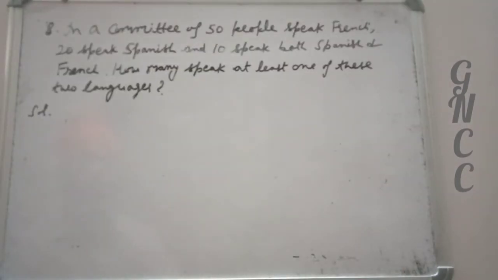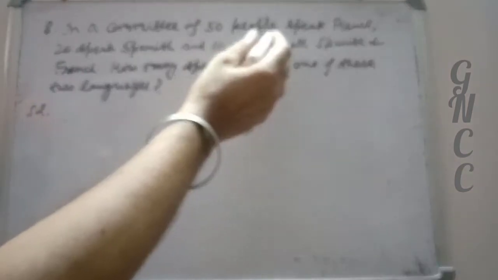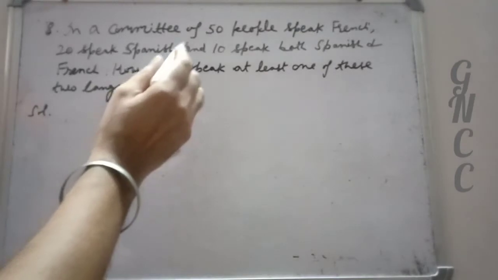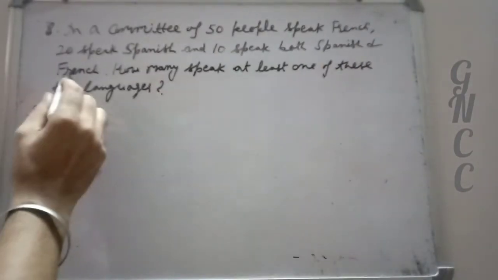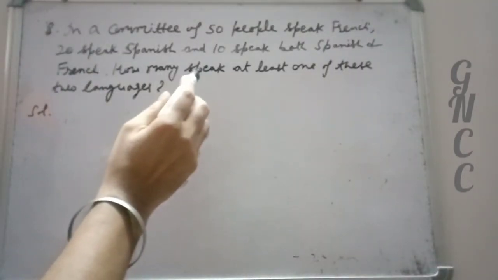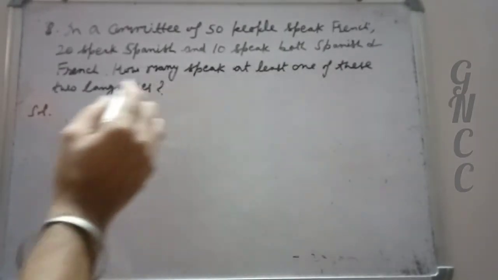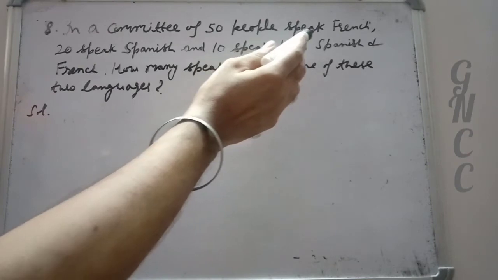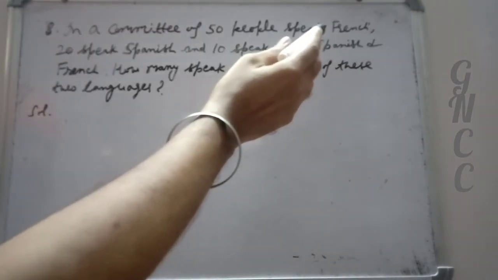Eighth question is, in a community of 50 people speak French, 20 speak Spanish and 10 speak both Spanish and French. How many people speak at least one of these two languages? So 50 people speak French. Let us say F denotes set of people who speak French.